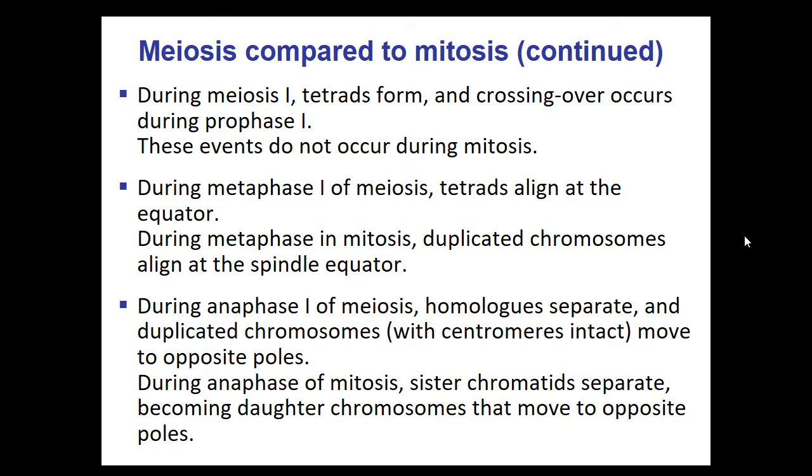Like we saw in anaphase 1 of meiosis, the homologs, or the chromosomes of each pair, separate, and then the sister chromatids don't separate until meiosis 2. Whereas in anaphase of mitosis, the sister chromatids separate.